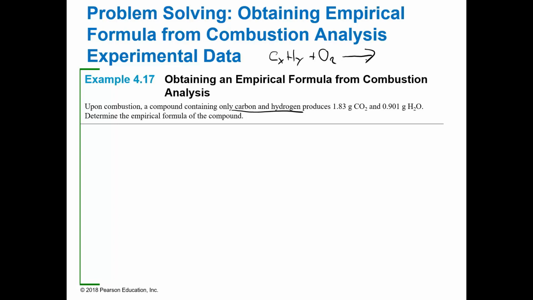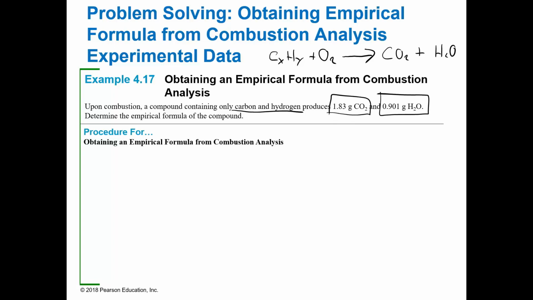There's just an excess there, so we make sure it burns and goes to completion. We form CO2 and H2O. It produces 1.83 grams of carbon dioxide and 0.9101 grams of water.